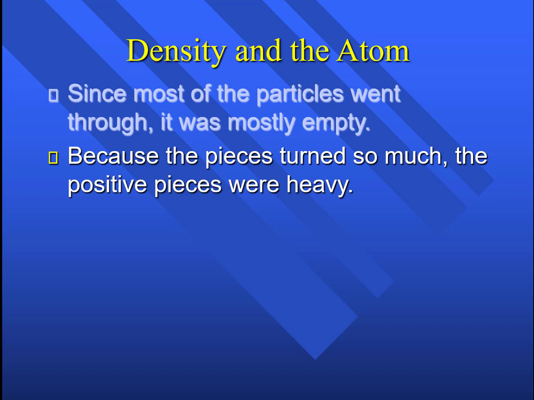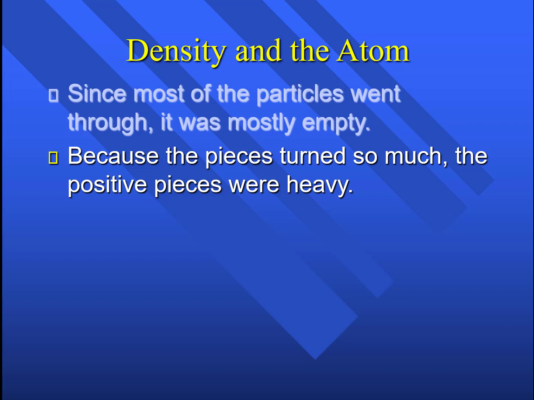But those positive pieces had to be heavy. Otherwise, they couldn't push back against those alpha particles flying towards them. Because the alpha particles were as heavy as atoms. So if they pushed those heavy atoms backwards, they had to be heavier.